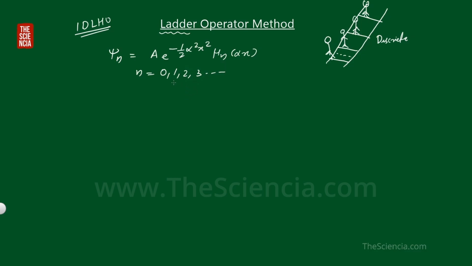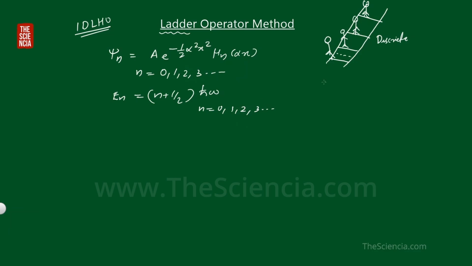It cannot have a value in between 0 and 1 or in between 1 and 2, similar to a ladder. And the energy also, En is equal to (n plus half) h cross omega, with n equal to 0, 1, 2, 3, etc. only. There is no half value, or 1.5 value, etc.